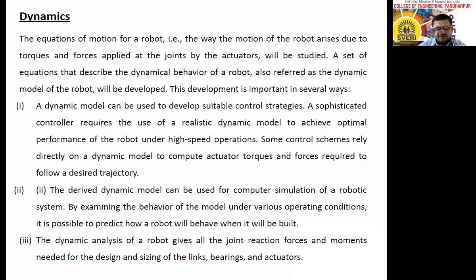Some control schemes rely directly on a dynamic model to compute actuator torques and forces required to follow a desired trajectory. Then, second point, the derived dynamic model can be used for computer simulation of a robotic system. By examining the behavior of the model under various operating conditions, it is possible to predict how a robot will behave when it is built.